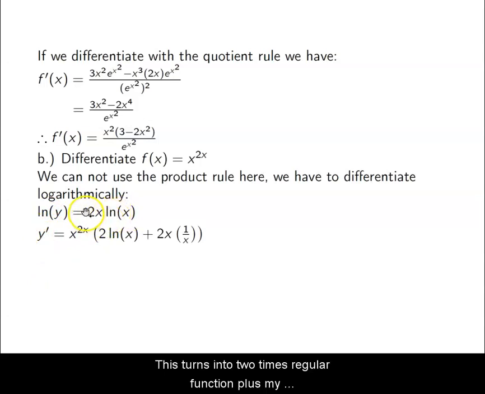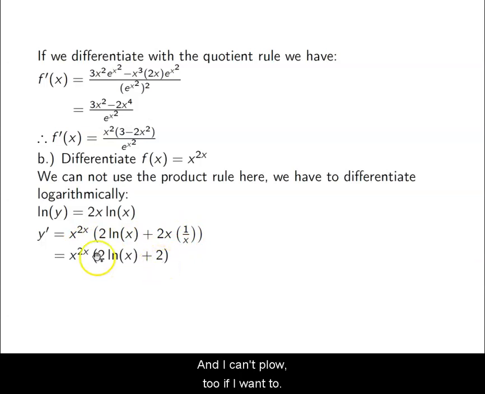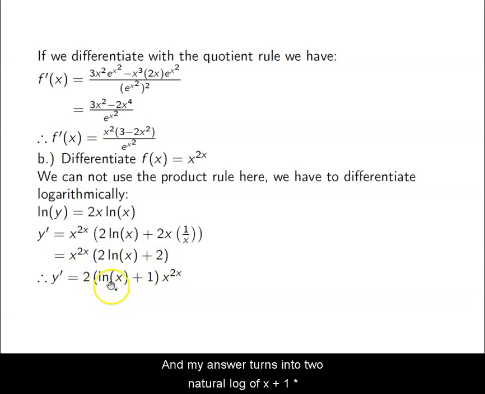I use the product rule, so it turns into 2 times the natural log plus my regular function times 1 over x from the natural log, and I multiply that times x to the 2x. So now when I simplify, I will have just a 2 here. And I can pull out a common 2 if I want to, and my answer turns into 2 natural log of x plus 1 times x to the 2x.